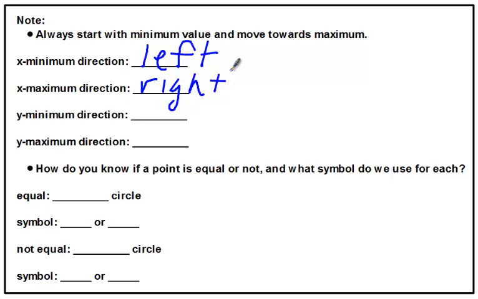So when we're looking at a graph and trying to find the domain, we start from the furthest value left and move our way to the right. For the y, the minimum direction is the bottom, we're going to go down, and the y maximum direction is the top.